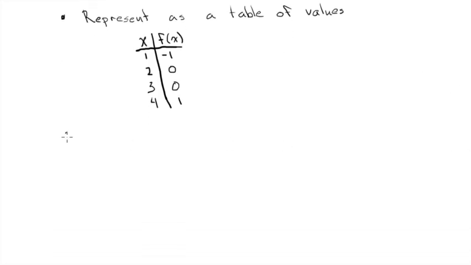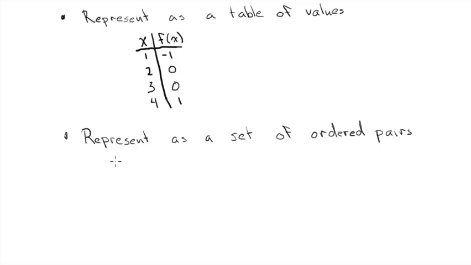A fourth way to do it is to represent it as a set of ordered pairs. So as a set of ordered pairs, what we're going to do is write a set. So set notation, we'll write a squiggly bracket, and then ordered pairs means a combination of 2 numbers.